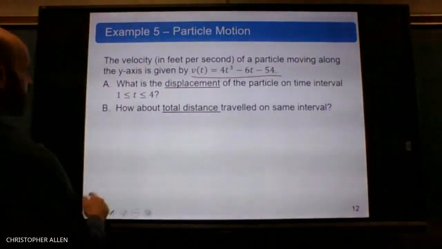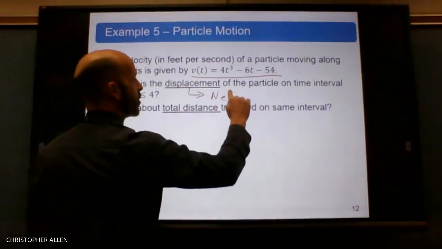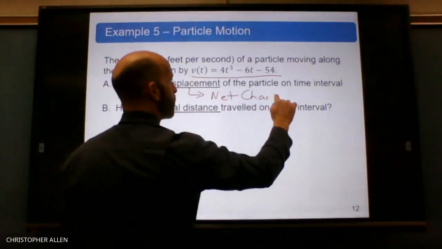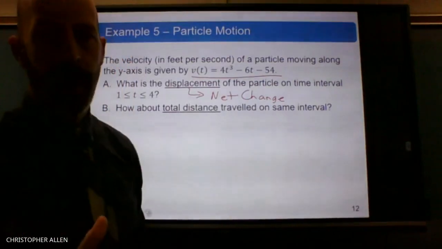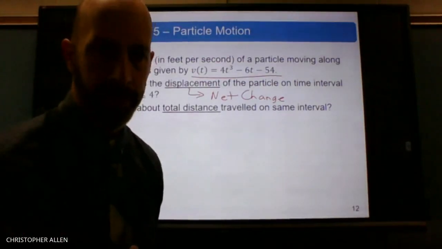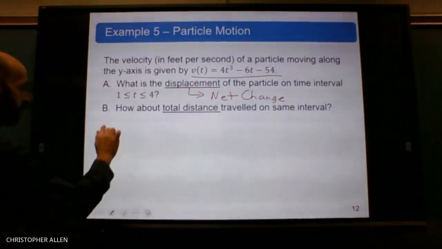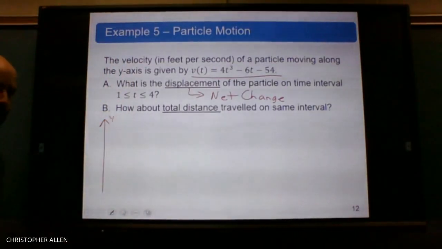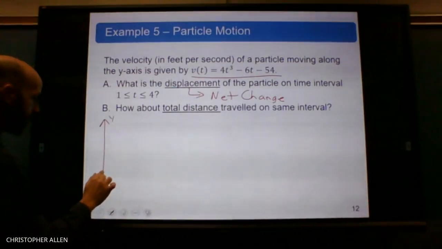So first of all, displacement essentially is the net change. If you've taken physics, you probably already know what I mean by displacement. Let me draw a little bit of a picture here. So this is the y-axis. And I've got some particle, I'll do it in green, on the y-axis.